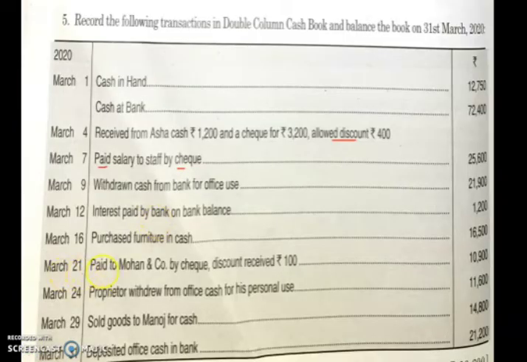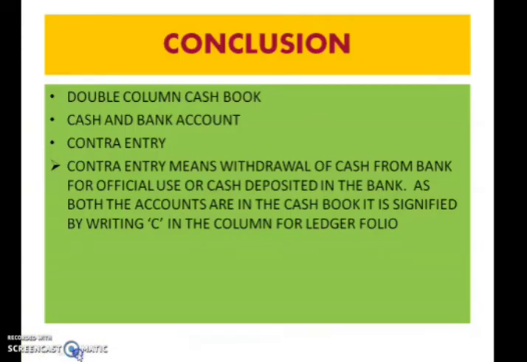Okay, now next transaction is on March 21st. Paid to Mohan and company by check, discount received 100. So you have paid Mohan a check and you have received discount 100. So as I told you, whenever there is an entry for discount received or discount allowed, you have to show it under journal proper, that is journal entry.